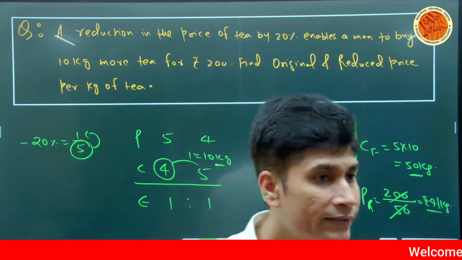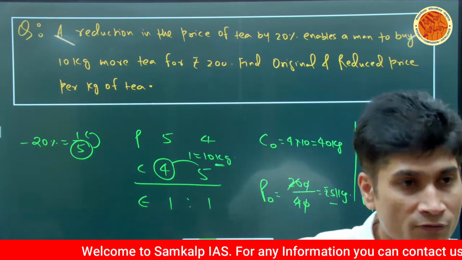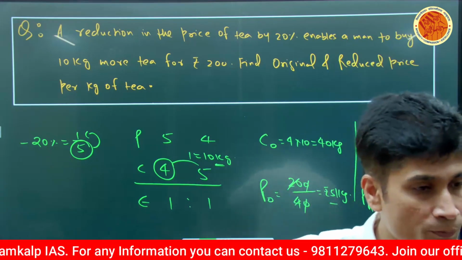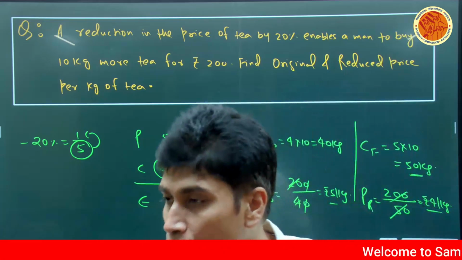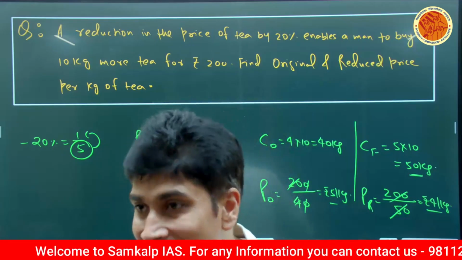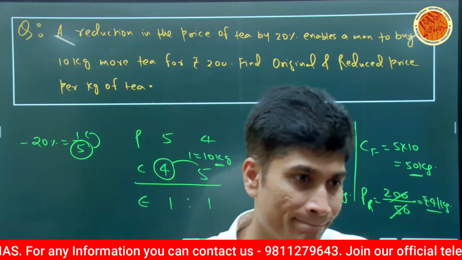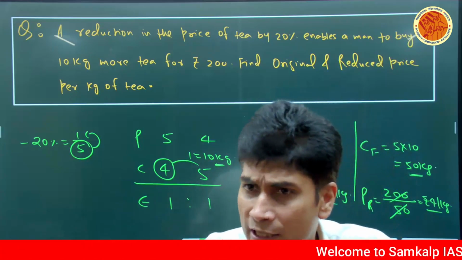First, for the 200 rupees you are giving me, I'll provide you tea worth 200 rupees at the reduced price. In this option, I am not giving back any amount.